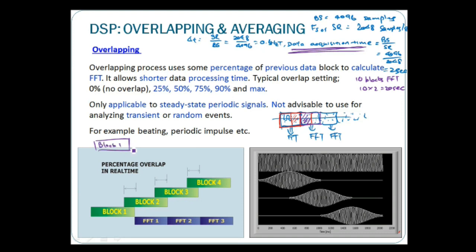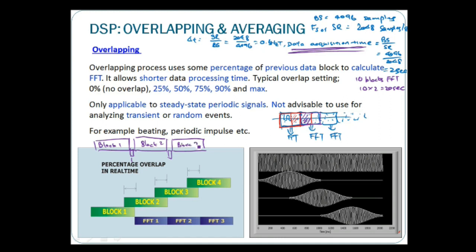Right after block 1, probably you need this for FFT, right? Then you could have your block 2. Then you have another FFT, block 3. So it's a very small time difference.